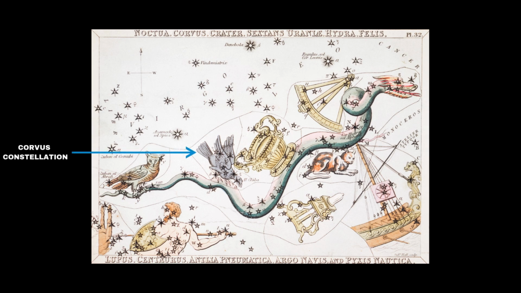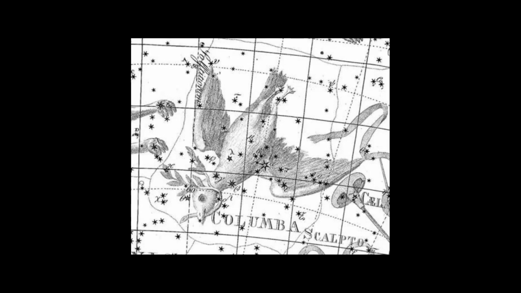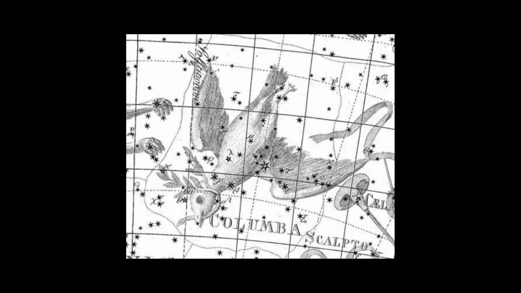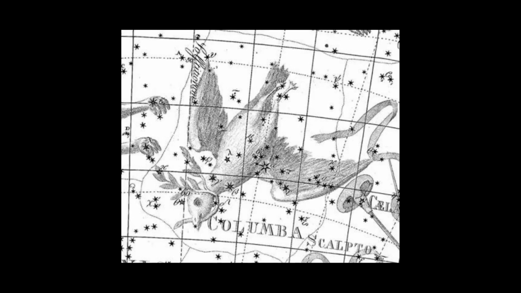The raven is the constellation Corvus, which is located close to Hydra. The dove is a dove-shaped constellation called Columba.